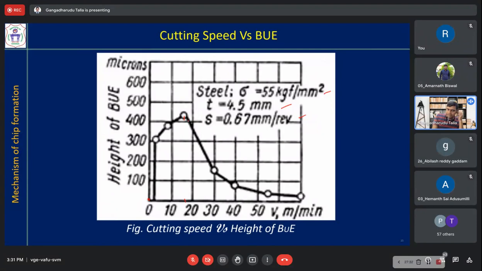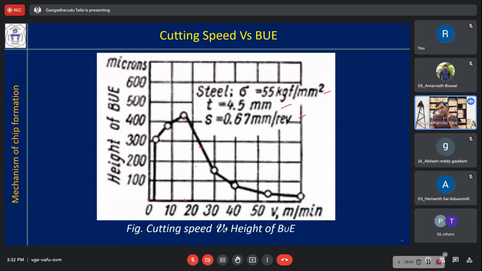Once the speed is increasing further, the built-up edge formation will reduce. If the speed is high, the built-up edge formation tendency is less, because at higher speeds chip removal is easy, with less effort relatively, and the chip can be removed very easily.